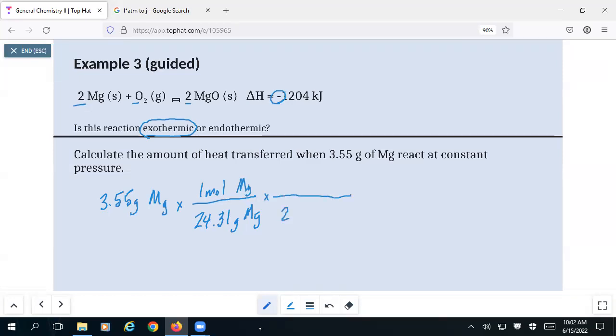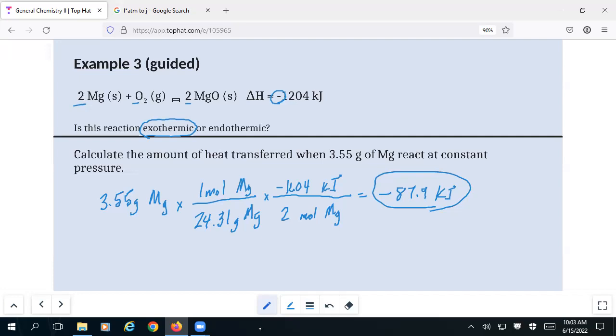And every 2 moles of magnesium will generate 1204 kilojoules. So 3.55 times negative 1204 divided by 24.31 divided by 2. So 3 significant figures is negative 87.9 kilojoules. So that is how much energy is going to be released in this process.